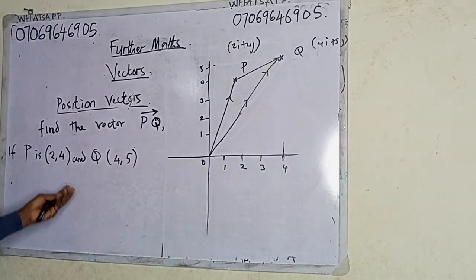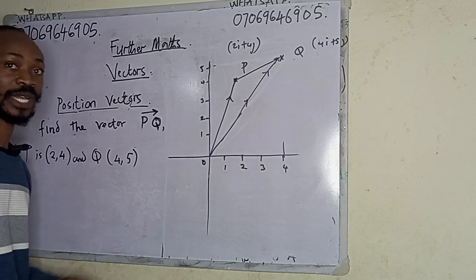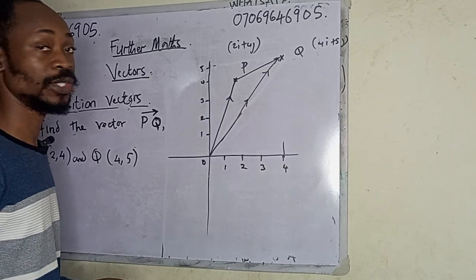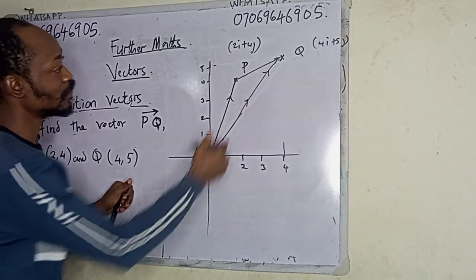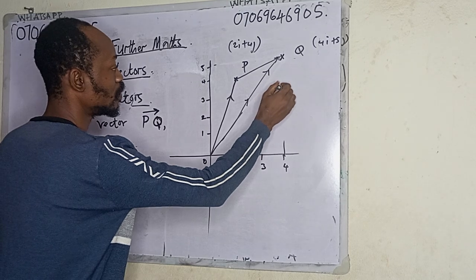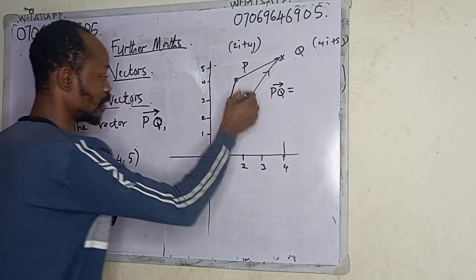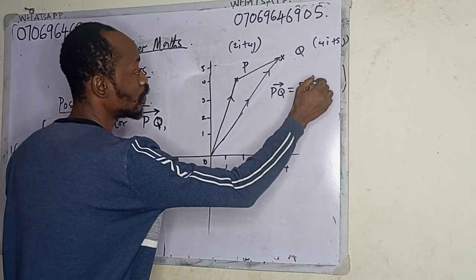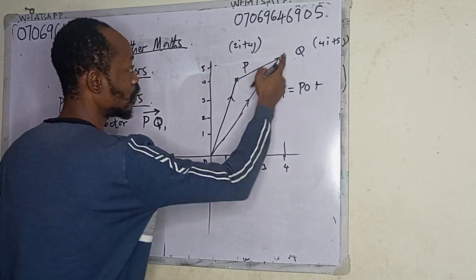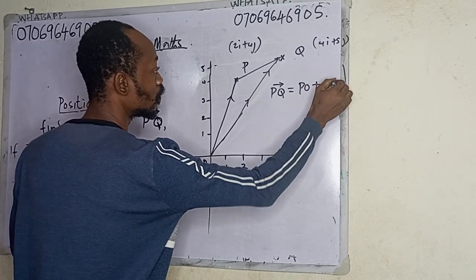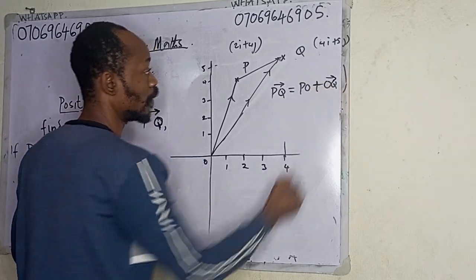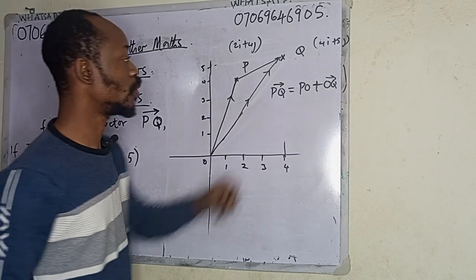According to the formula that we derived in the previous video, since we are going from P to Q, vector PQ is going to be PO plus OQ.